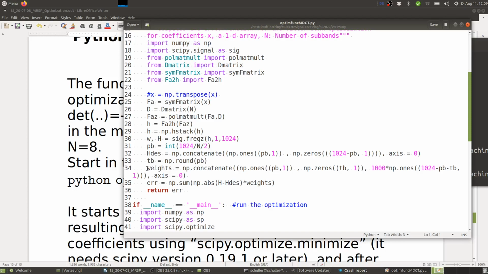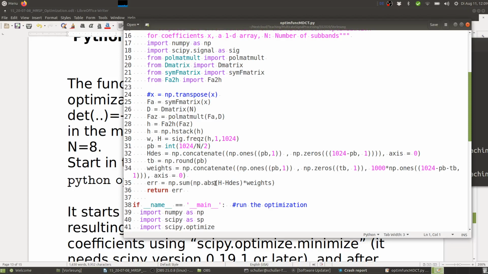And that's important for the weights, which I'm constructing now. Here are the weights. They consist of ones in the passband and then zeros in the transition bands, because I don't care what happens in the transition band. And then the factor of 1000 in the stop band. So I amplify the effect in the stop band by a factor of 1000.